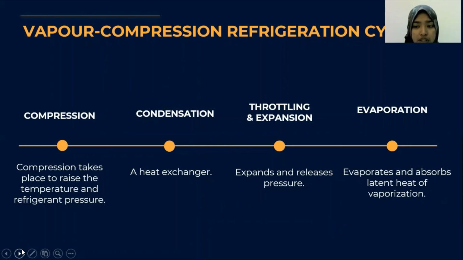Lastly, evaporation. In the vapor compression refrigeration cycle, the refrigerant is at a lower temperature than its surroundings. Therefore, it evaporates and absorbs the latent heat of vaporization. Heat extraction from the refrigerant happens at low pressure and temperature. The compressor suction effect helps maintain the low pressure.